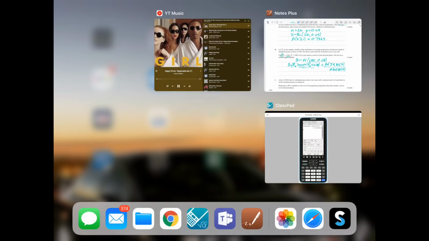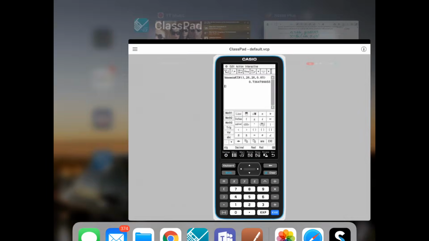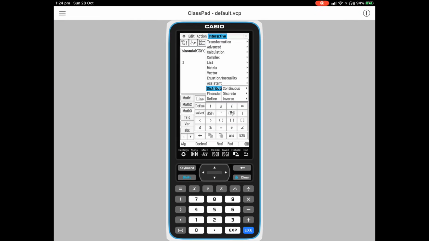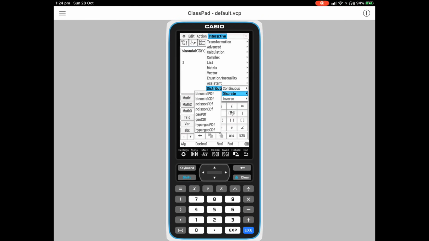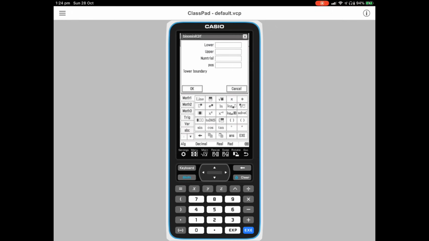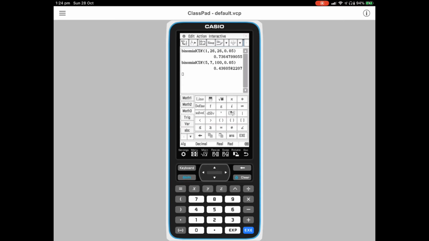Okay. 5 to 7. Discrete, 5 to 7, 100. And the same thing, but this time from 0 to 7.